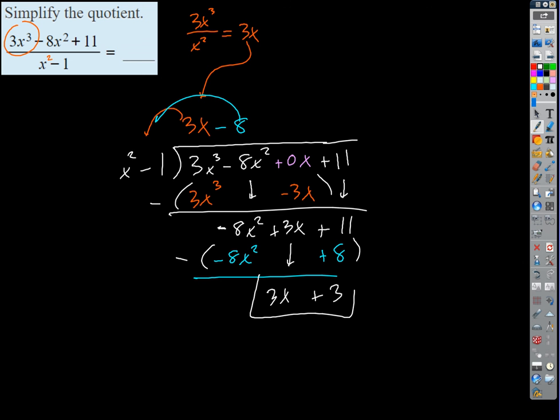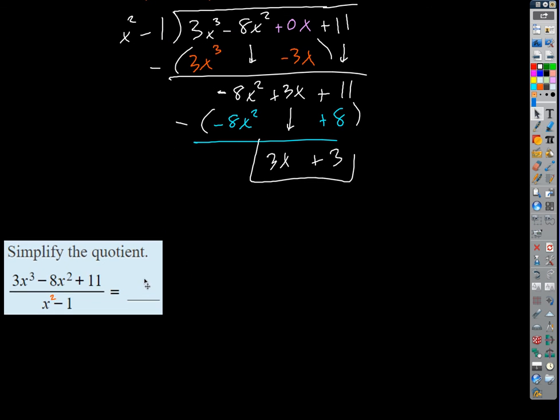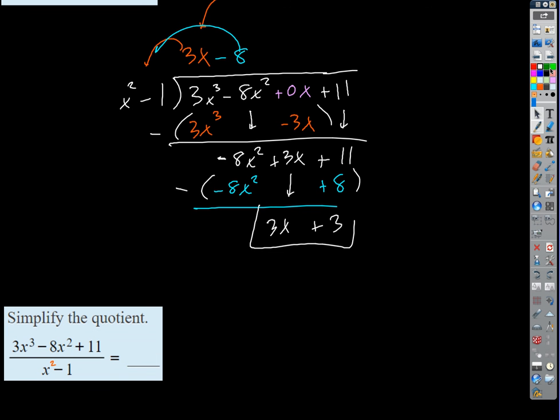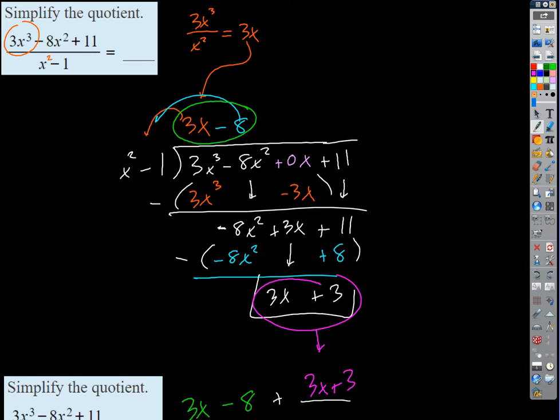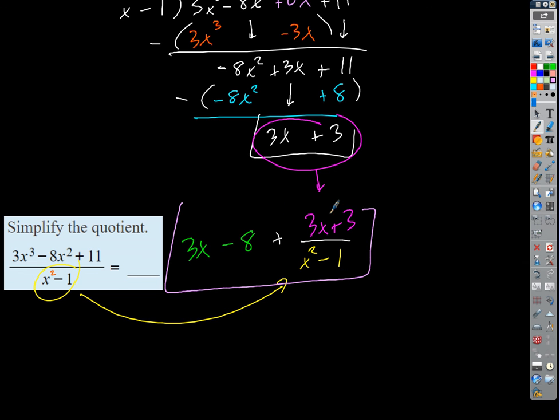This whole thing is equal to 3x minus 8, that's the polynomial part, plus 3x plus 3 divided by my denominator of x squared minus 1, right? That's my answer. Okay?